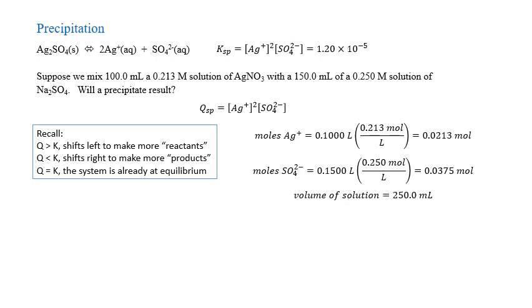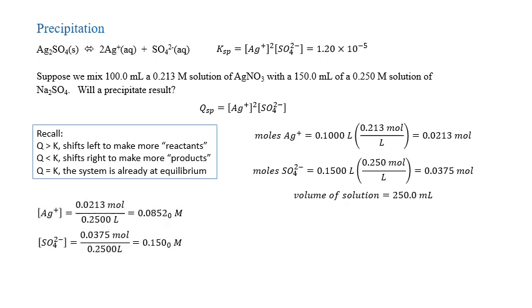And the volume of the solution is now 250, so we can calculate the concentrations. Concentration of silver, 0.0213 moles in 0.25 liters, 0.0852 moles per liter of silver. Sulfate, 0.0375 moles in 250 milliliters, you get 0.150 moles per liter of sulfate.